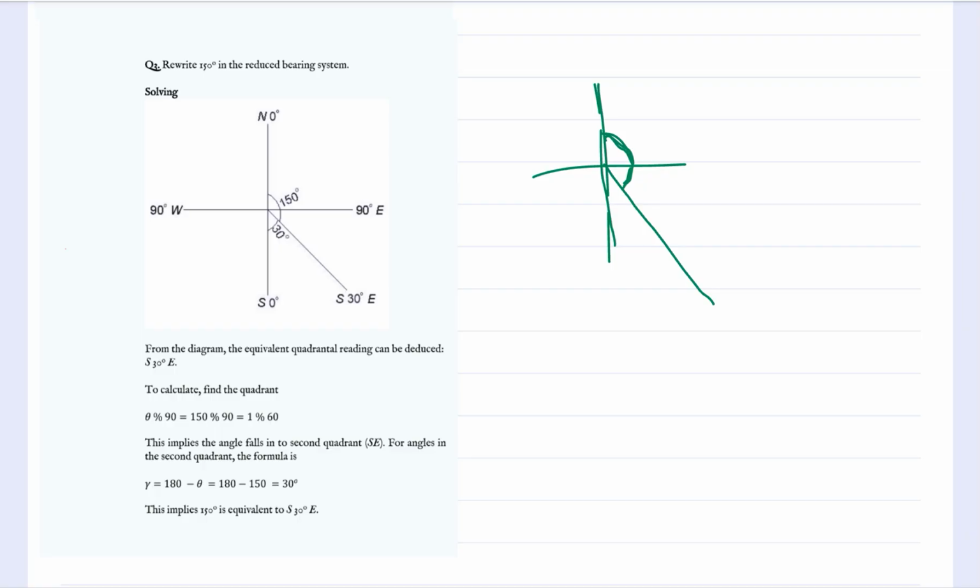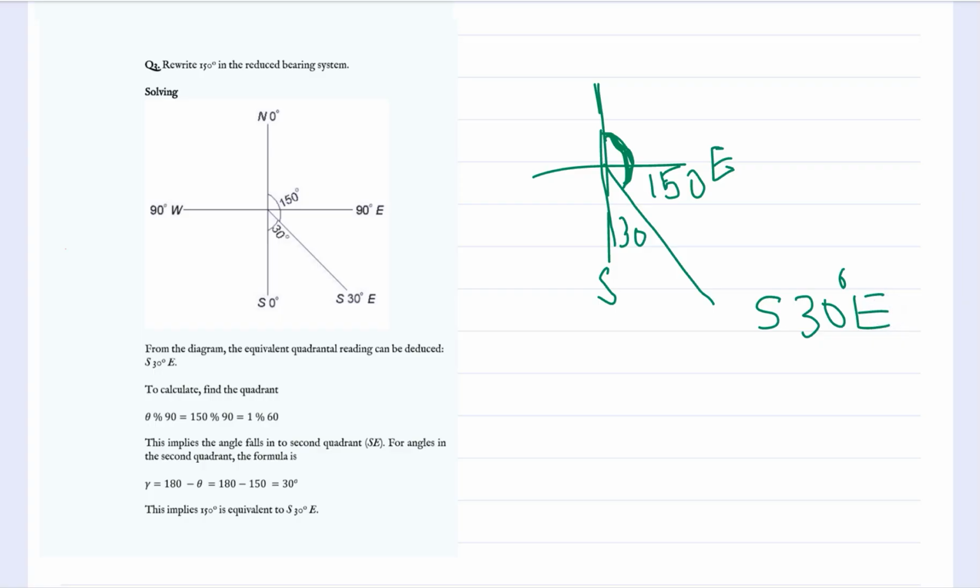Are you seeing that? So if I want to write it in reduced form, if this is 150, what's remaining to complete 180? 30 degrees. And don't forget, this is south, this is east. So this is the same thing as saying south 30 degrees east. As simple as that.